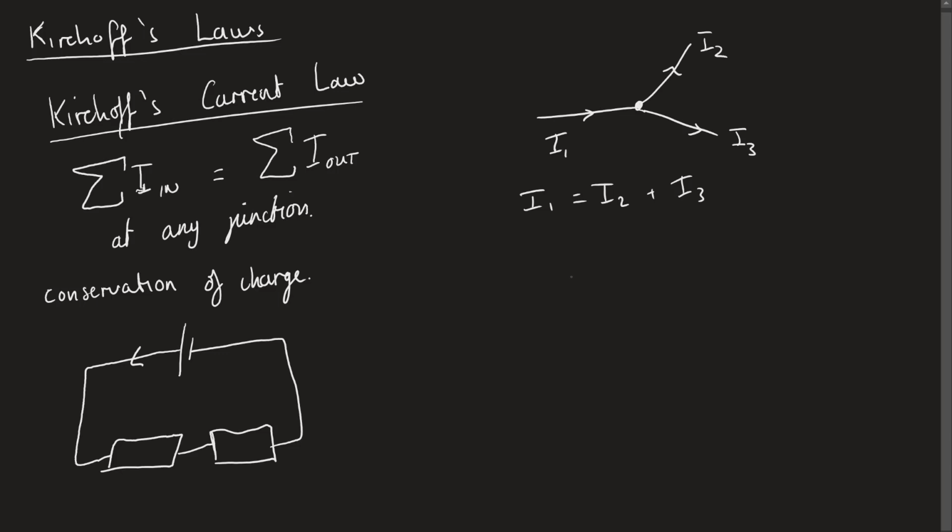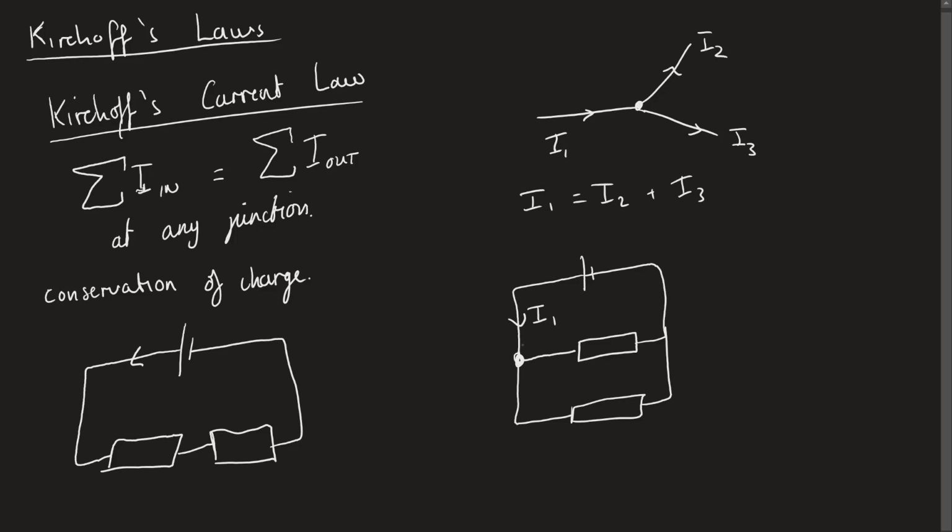It's also going to explain why current splits in a parallel circuit, and that's because we do have junctions in parallel circuits. Okay, we have this junction here. So if I had, for example, I1 coming into this junction, it's going to split into I2 and I3 because the electrons can take different paths.